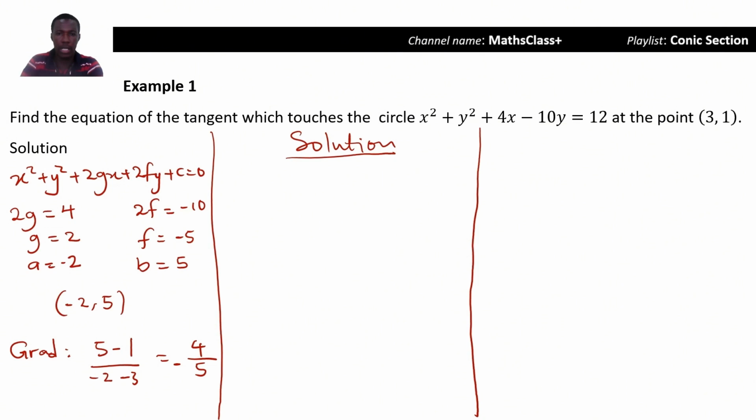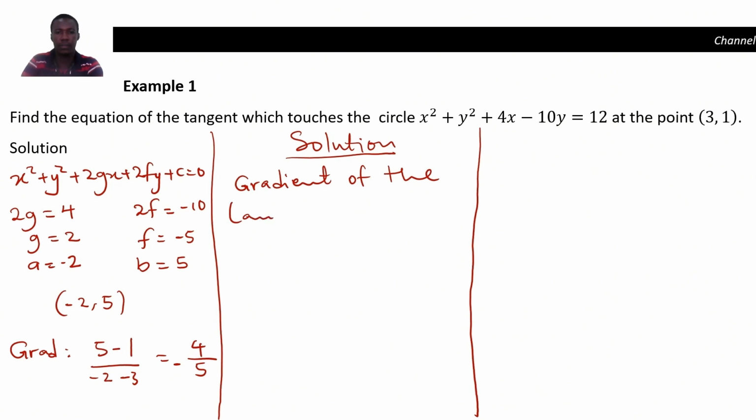So the gradient of the tangent line is positive 5 over 4.